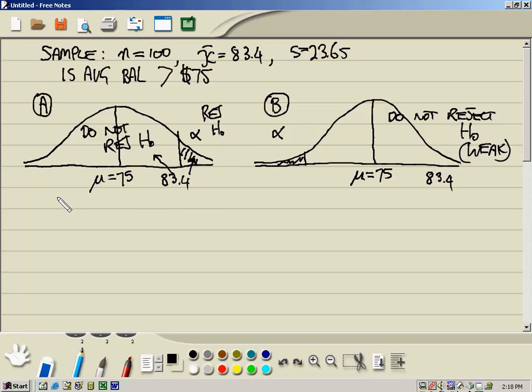At this point, without any calculations, we can't tell. Alright, so which of these is more meaningful to do? Well, it's quite obvious, I hope, that it's option A. We have the possibility of making a strong decision with rejecting the null. In option B, we have no such possibility. We are forced to a weak decision. So this is an upper tail test.